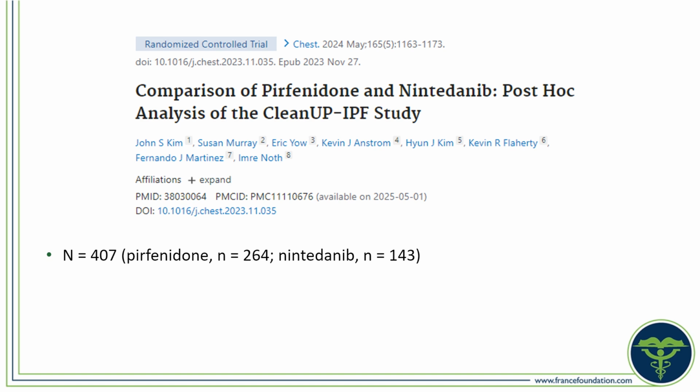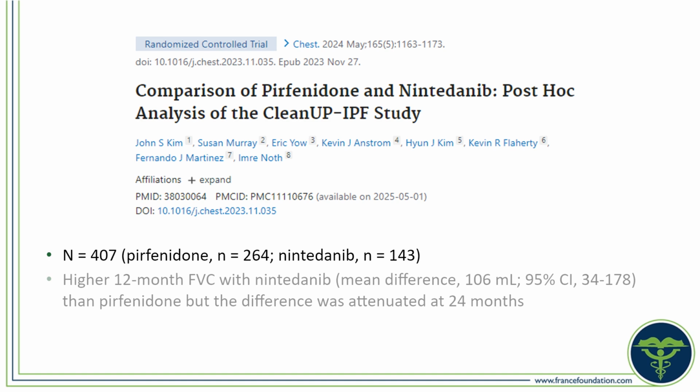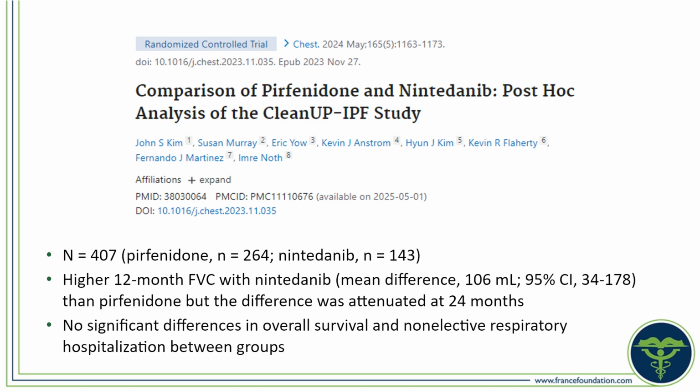What you can see is that in this post hoc analysis, there was a higher 12-month FVC for those patients on nintedanib compared to pirfenidone, but by 24 months, so at 2 years, that difference had been attenuated. And I think most importantly, for patient-centered outcomes, such as overall survival and respiratory hospitalizations, the group found no differences at all between the two therapies.